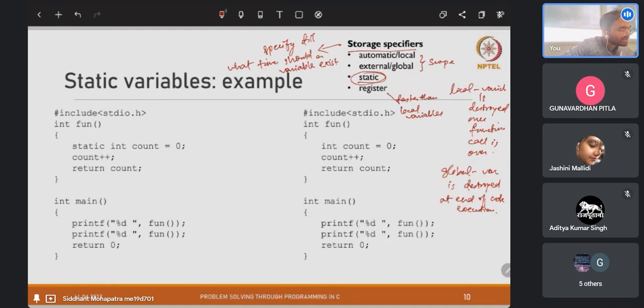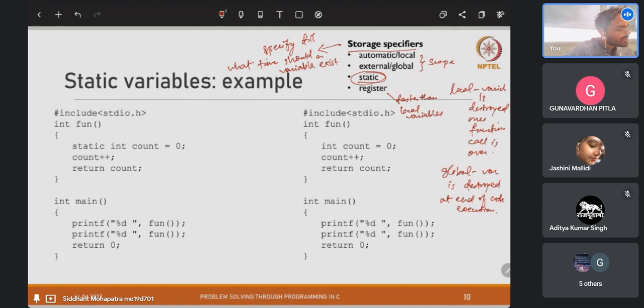So a static variable is a variable whose value, across multiple function calls, will not be destroyed. It is very close to the definition of a global variable, but it is not exactly a global variable. A static variable will stay until the end of the code execution. But what is the difference between global and static?